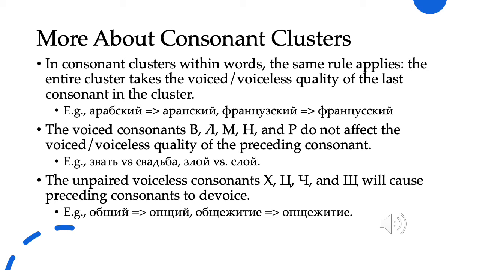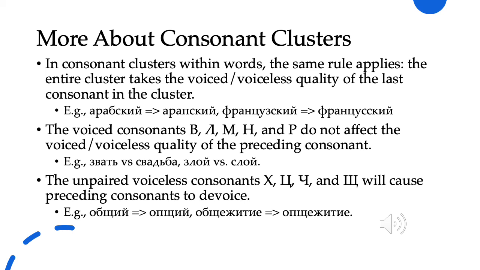Or in zloy versus sloy. So zloy is an adjective meaning mean, bad, or evil, and sloy is a noun meaning a layer, and they both have a consonant followed by L, and that first consonant does not change its voiced or voiceless quality, so you can hear the difference between zloy and sloy.